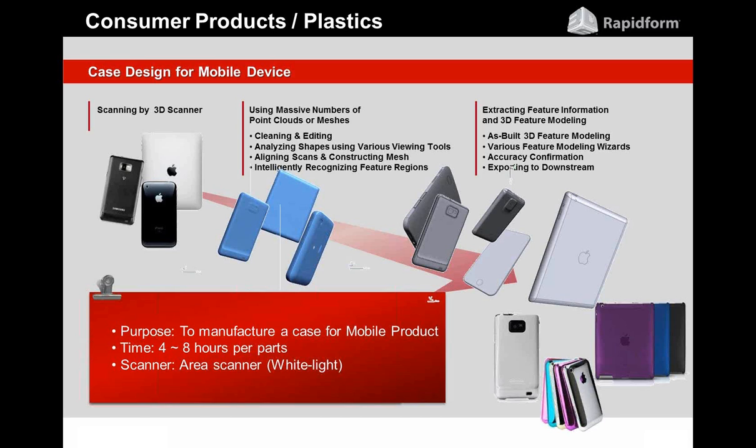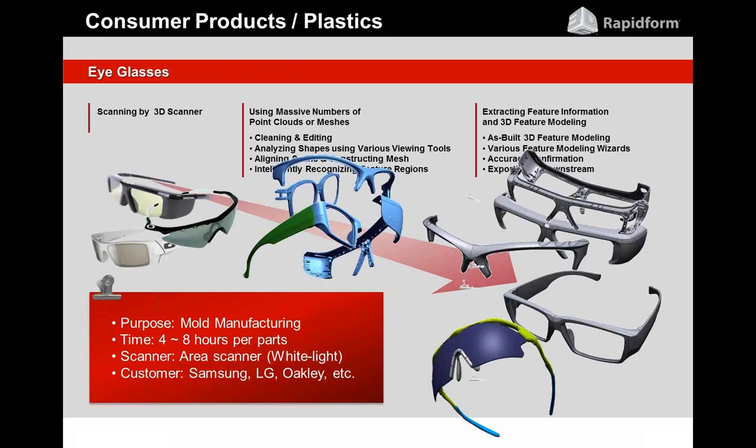If a customer wants a different design or different functionality, then you can easily change the model inside XOR by referring to the original product, and you have a completely new product to manufacture using 3D printing. This is another case, eyeglass cases. Here again you have one source of scan data, and from that scan data in Rapidform XOR you can design what you want, what you need, or which design alteration the customer needs.